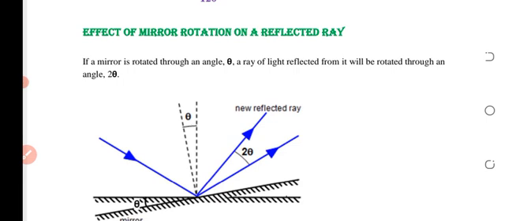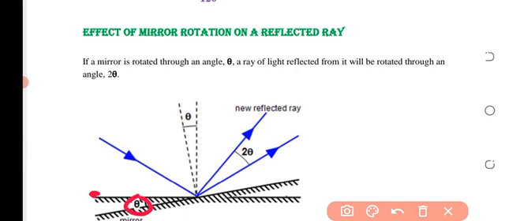Now, if a mirror is rotated through an angle of theta, as you can see here, this original position of the mirror, and if this mirror is tilted a bit, that is rotated through an angle of theta like this, what will happen to the angle of reflection?